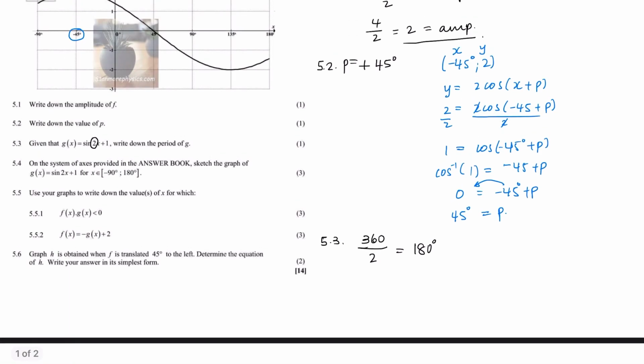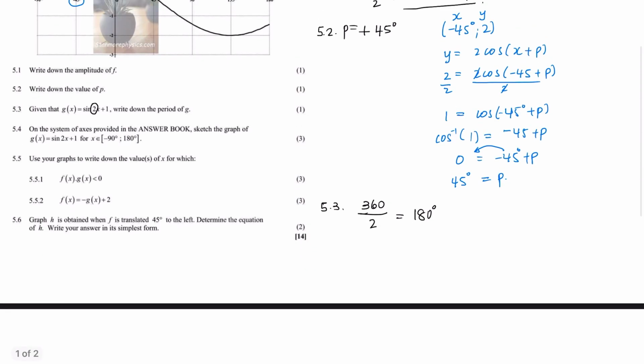Question 5.4, on the system of axis provided, it's not provided, we'll draw it on here. Sketch the graph of g of x is equal to sine 2x plus 1, and they've given us the domain. Now, there's a few ways to do it. However, I feel the easiest way would just be to use our calculator and get coordinates.